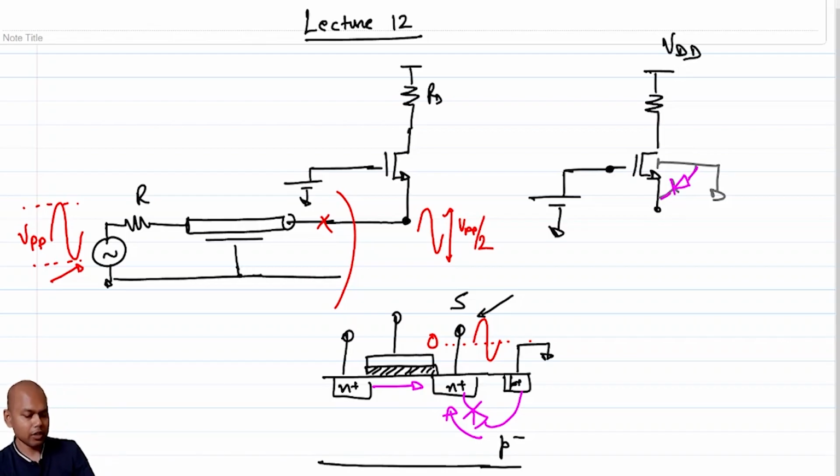If the body and the source terminal start to get forward biased, when the source goes negative around this side, then obviously the current will go into the body and it will not go into the drain, right? So that's a loss. So you would never want this to happen.